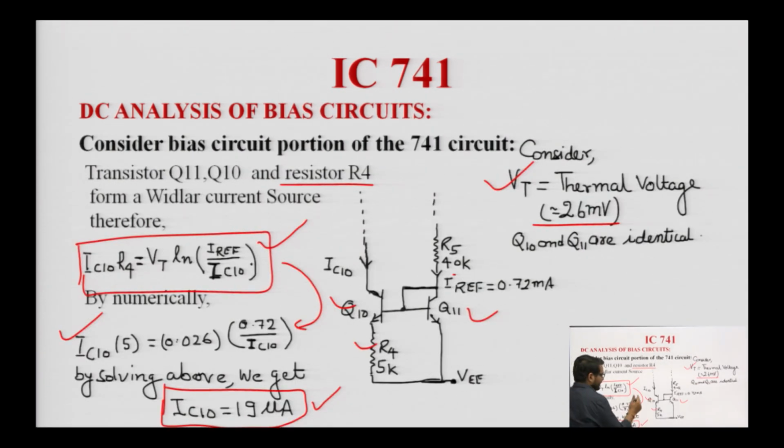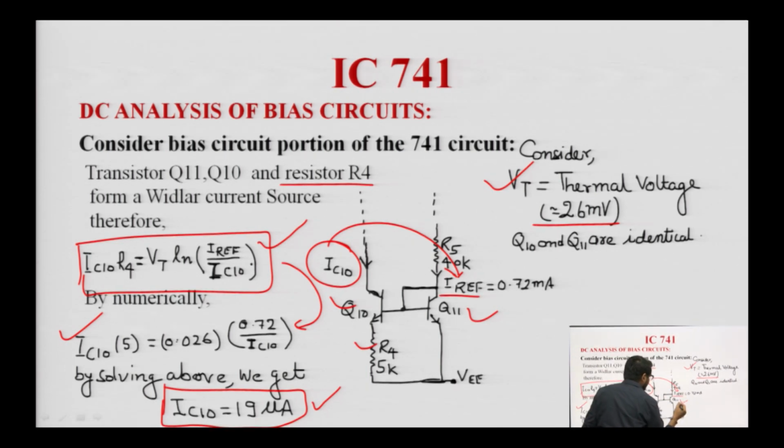We get this IC10, which is the current mirror of I reference. IC10 follows the current mirror topology, so it is nearly I reference. We find IC10 with respect to I reference.